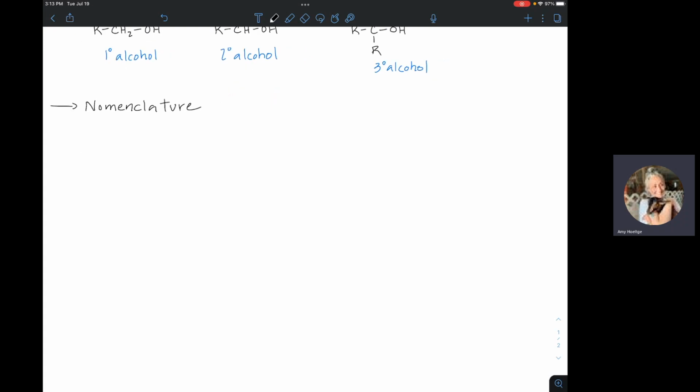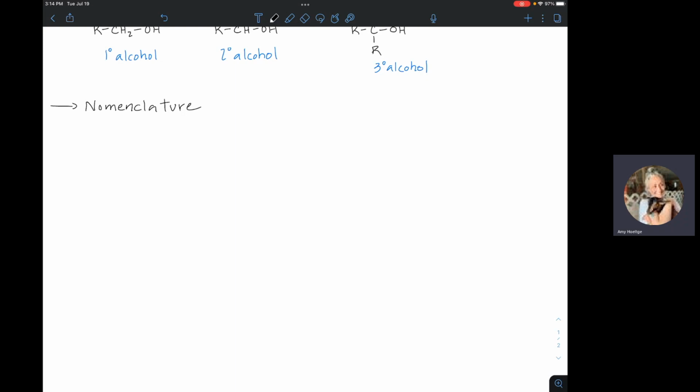So with common nomenclature, you're going to name the alkyl group to which the hydroxyl group is attached, and then you're just going to follow it up with the word alcohol. With the IUPAC system, we're going to use a suffix OL, like all, right, to denote the hydroxyl group. So you're basically just going to take the parent alkane name, and you're going to replace the E on the end of it with an OL.